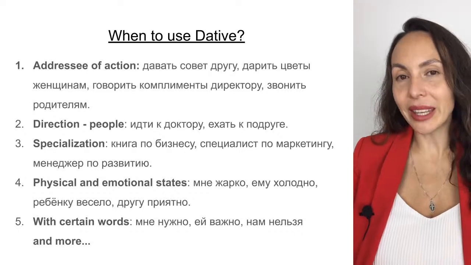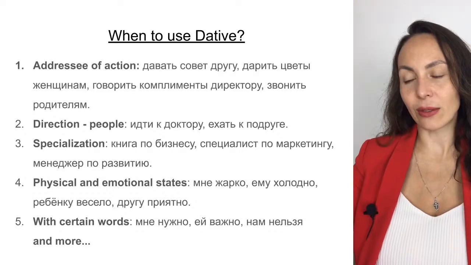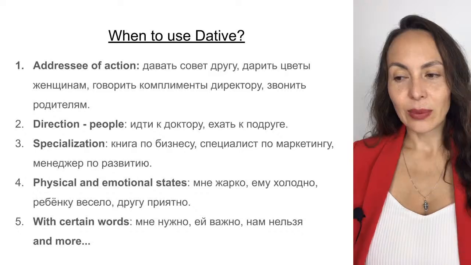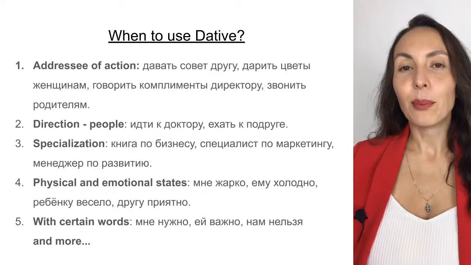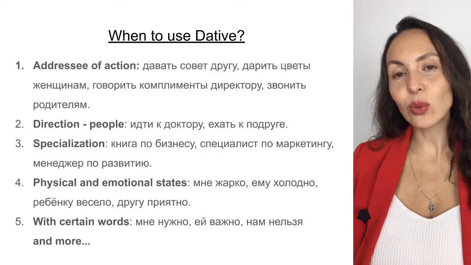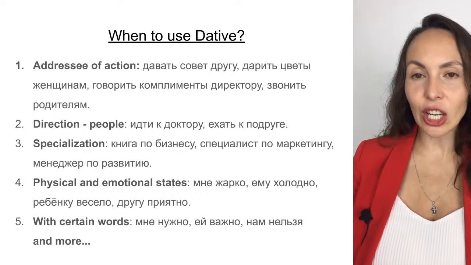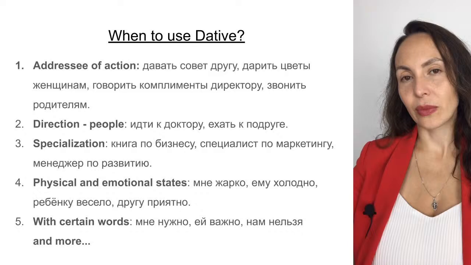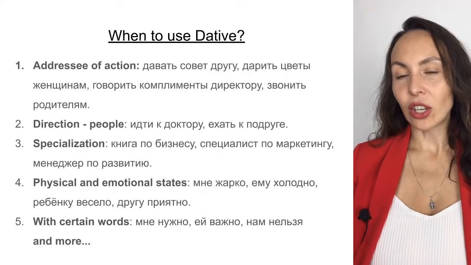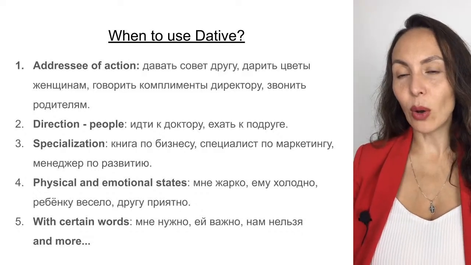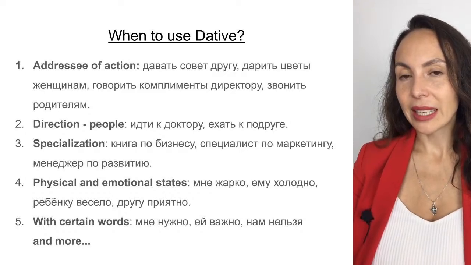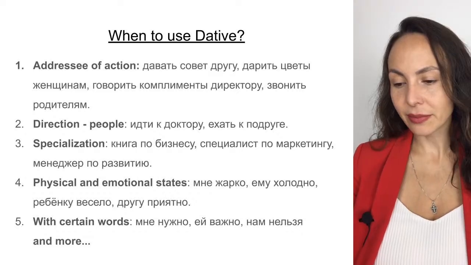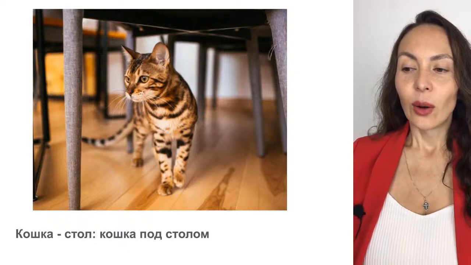Мне приятно познакомиться. This is dative, all this. With certain words, like мне нужно. Ей нужно. Ей важно. Нам нельзя. And so on. So again, here I'm giving you only the most common types of situations for each case.